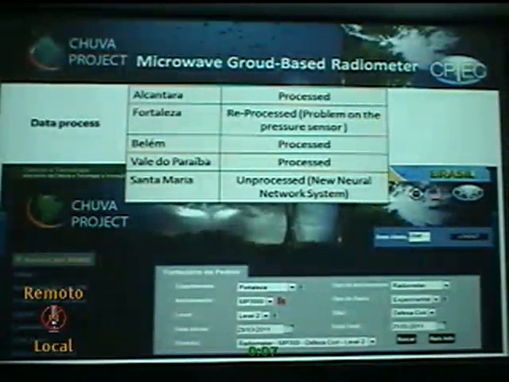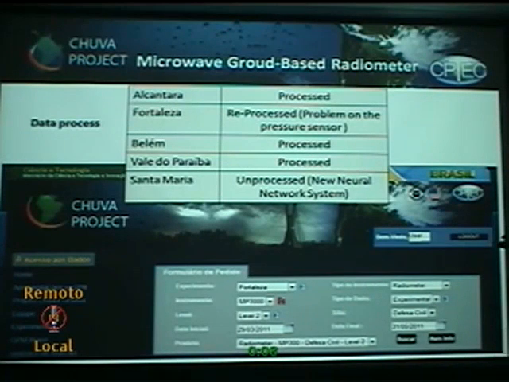The one problem in Belém is that the calibration wasn't in the same site. I don't know what happened, I wasn't there. In Paraíba, we have a very nice calibration. The data is processed. We have some problem with the retrieval, I don't know why, but I sent the data to Radiometrics and they processed everything.